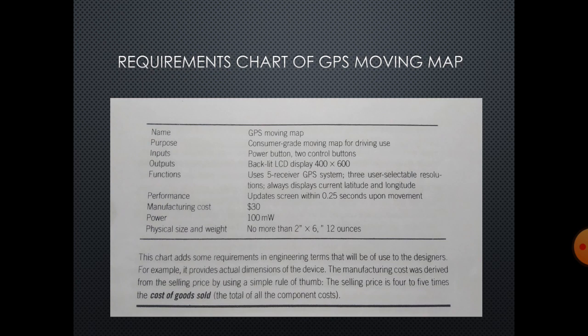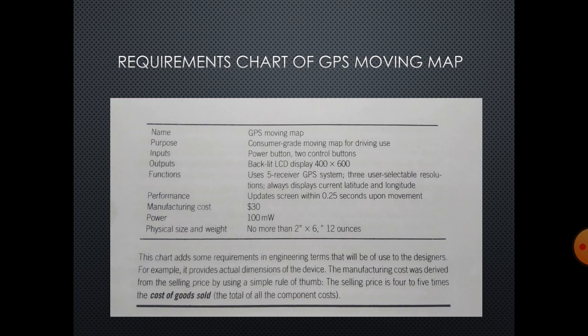Performance: update screen within 0.25 seconds upon movement. Manufacturing cost: $30. Power: 100 mW. Physical size and weight: no more than 2 inch into 6 and 12 ounce weight. So this adds some requirements in engineering terms that will be useful for the designers.